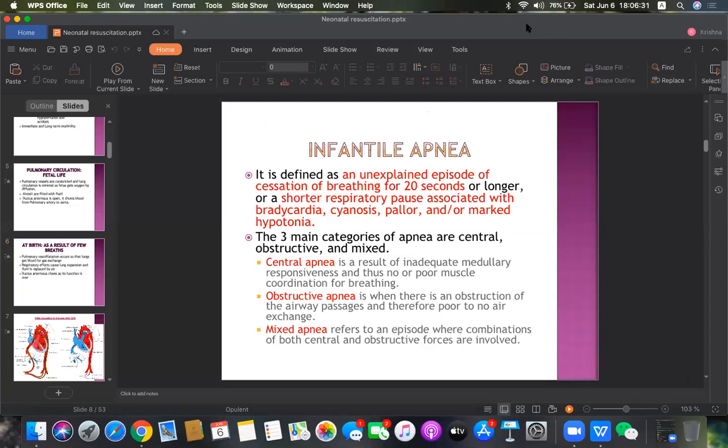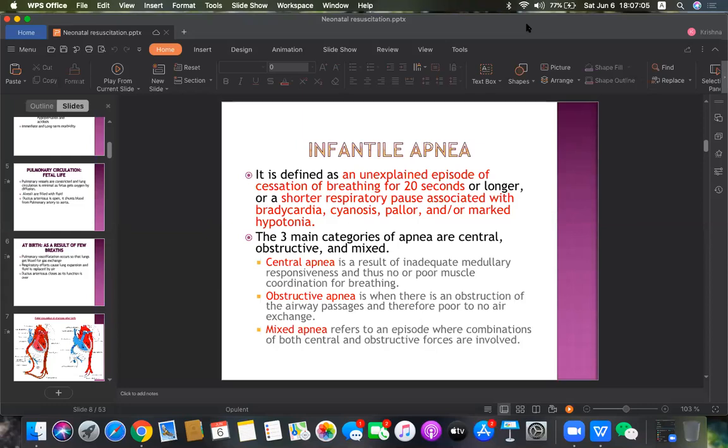Now, apnea: if a baby doesn't breathe for more than 20 seconds, or sometimes the baby doesn't breathe for, for example, 10 or 15 seconds, but with that pause in respiration the baby has bradycardia, cyanosis, pallor, or marked hypotonia, then also we call it apnea.